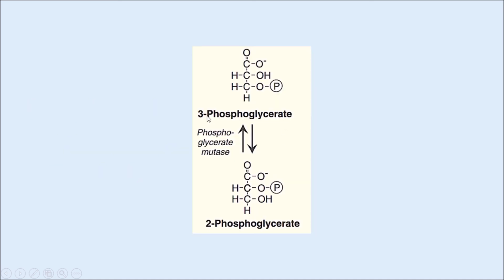In this reaction, 3-phosphoglycerate, which has the phosphate group on the third carbon, has its phosphate group shifted to the second carbon to form 2-phosphoglycerate, which has the phosphate group obviously on the second carbon.